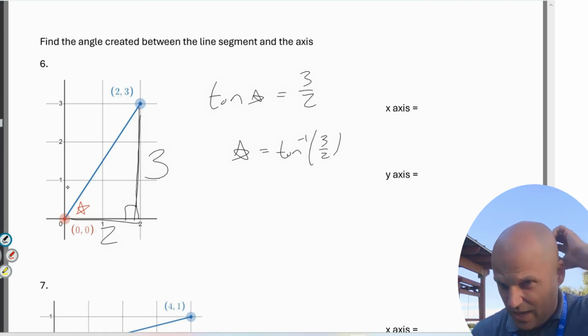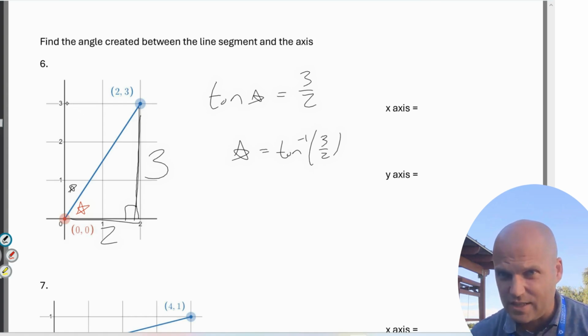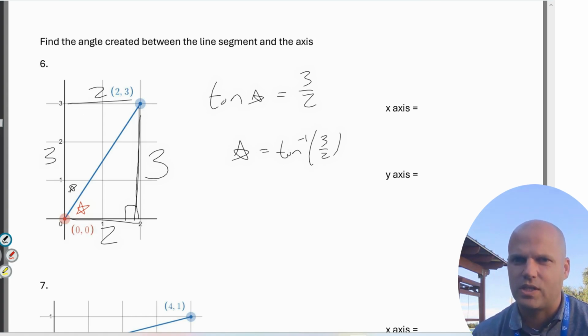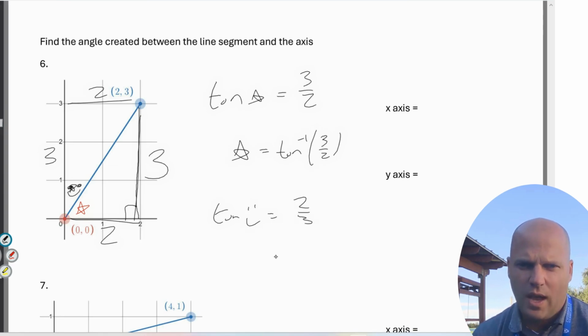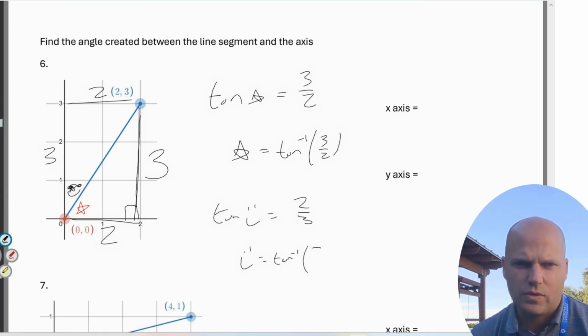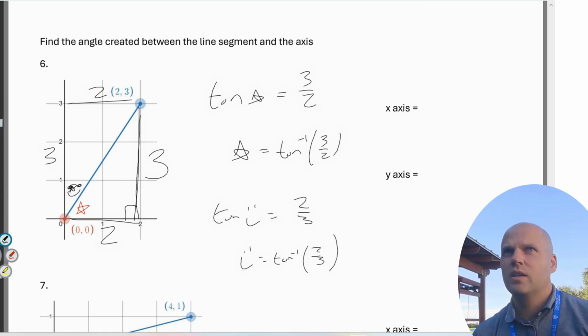What about this angle here? Watch this. This is now 2. This is now 3. Let's call this happy face. The tangent of happy face equals 2/3. Happy face equals the tan inverse of 2/3. Wouldn't you know it?